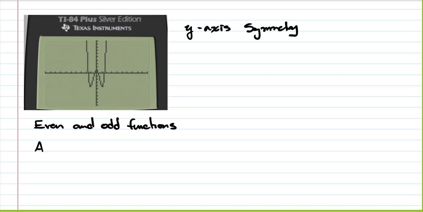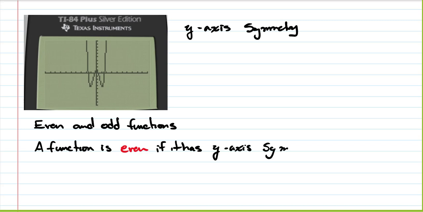So a function is even if it has y-axis symmetry. So the function that we saw in the previous example in your U-try is an even function.